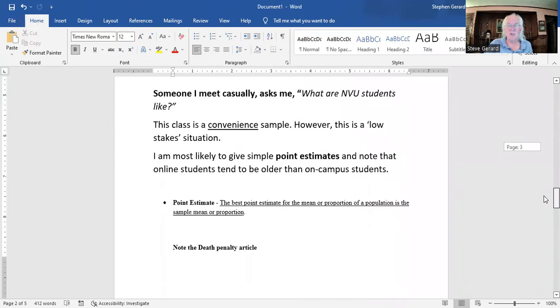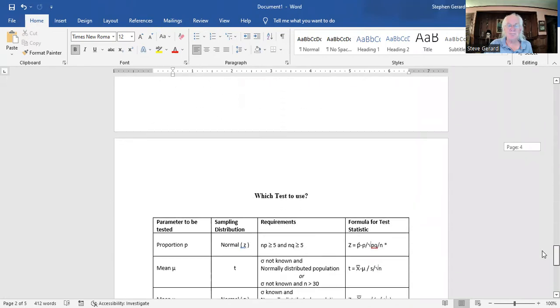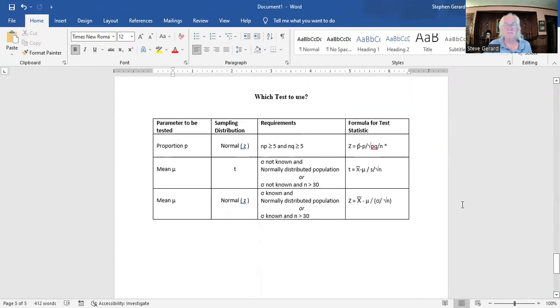This gets into the question, what test do you use? There are basically two tests that we use.